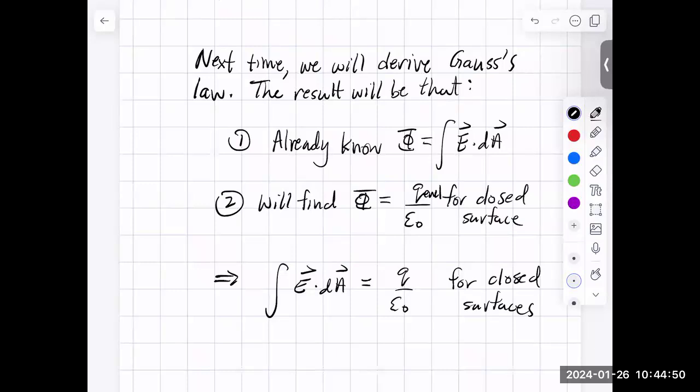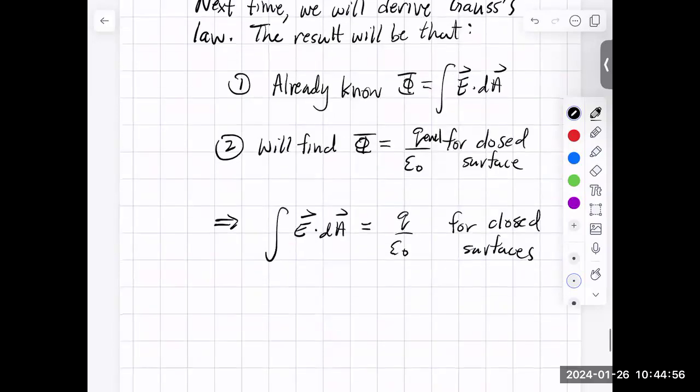The little subscript is ENCL, which stands for enclosed. Q enclosed is the total charge enclosed by the surface.